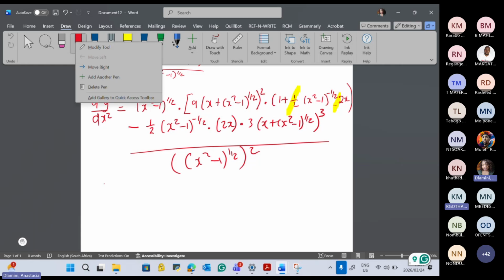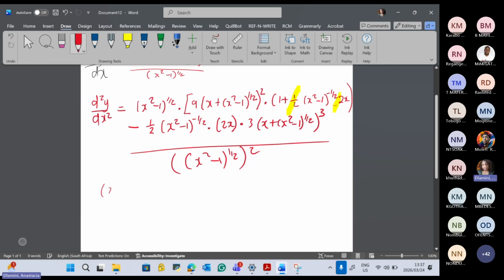Okay. So meaning that we have x squared minus 1 to the power of a half times, in here, we have 1 plus x squared minus 1 to the power of negative a half. They leave 1, isn't it?